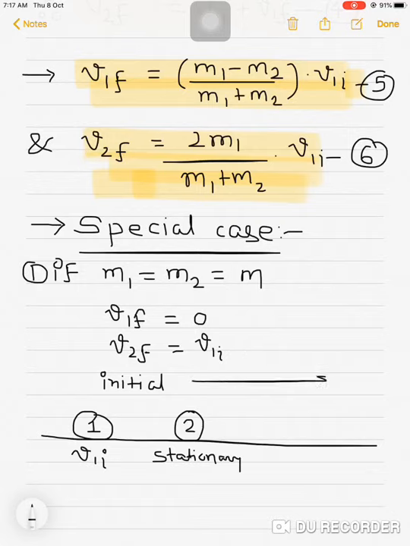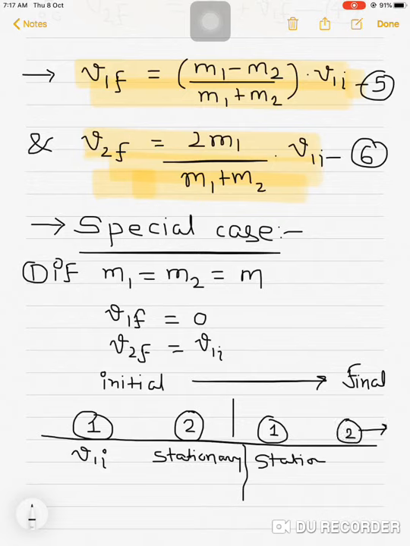Finally, after collision, object 1 becomes stationary and object 2 starts moving with the same speed as object 1 initially had.